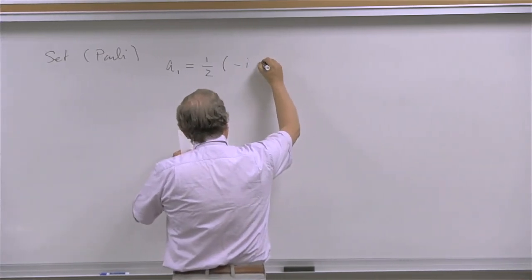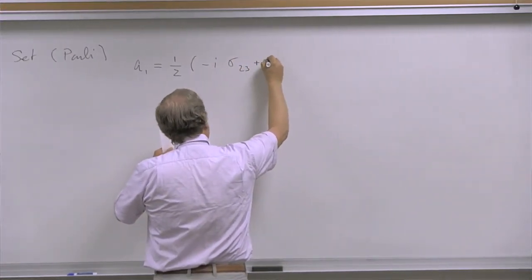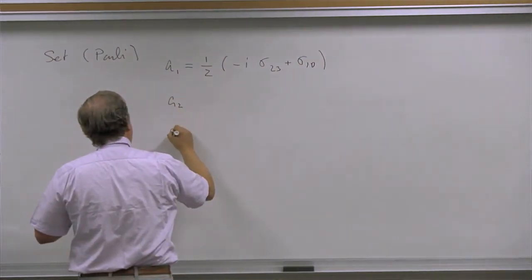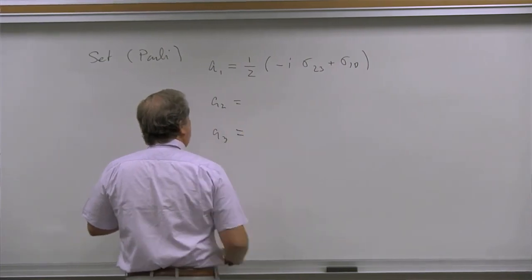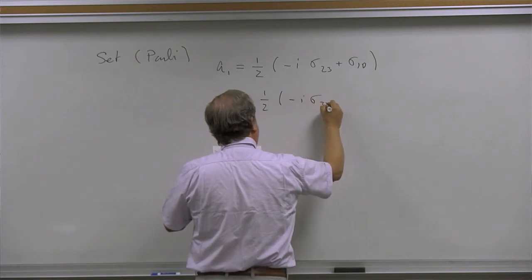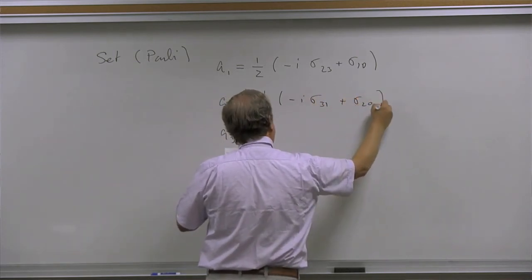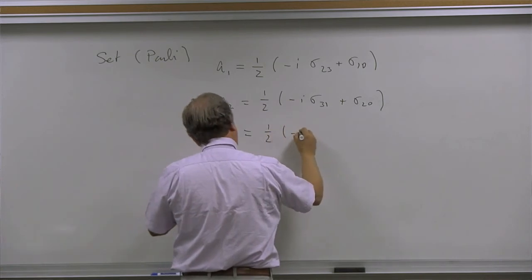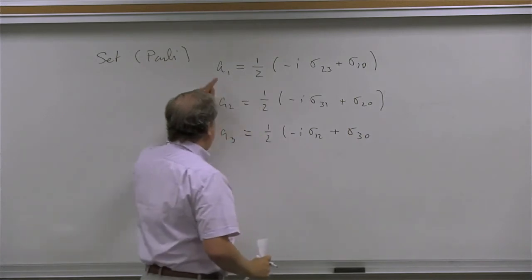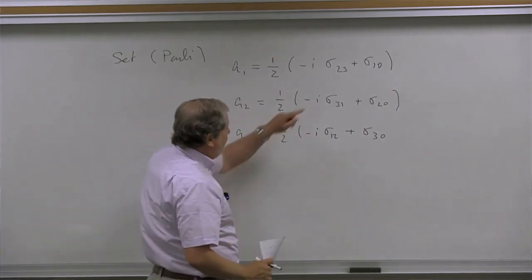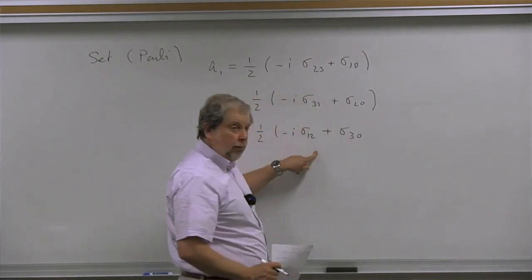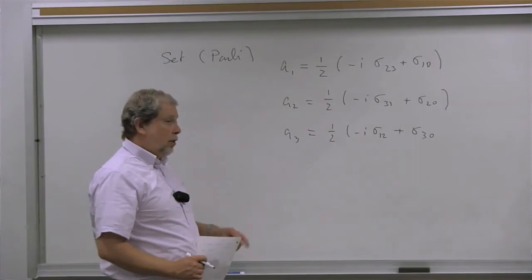Minus i sigma 2, 3 plus sigma 1, 0, and then define A2 and A3 to be similar. So 1/2 of minus i sigma 3, 1 plus sigma 2, 0, and then 1/2 of minus i sigma 1, 2 plus sigma 3, 0. So you can see the pattern. That's half of them.